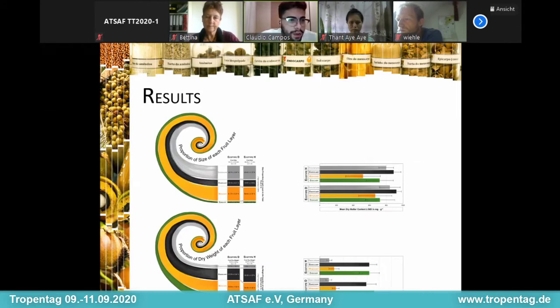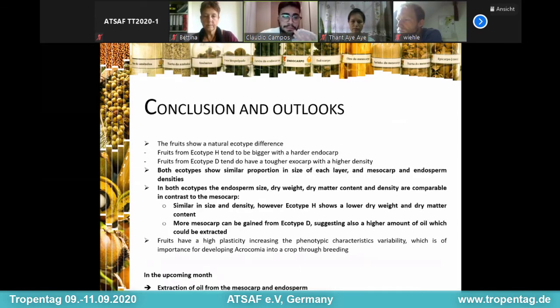In both ecotypes, the endosperm size, dry weight, dry matter content, and density are comparable, in contrast to the mesocarp. However, ecotype 8 shows a lower dry weight and dry matter content. We can also see that more mesocarp can be gained from ecotype D, suggesting also a higher amount of oil which could be extracted.